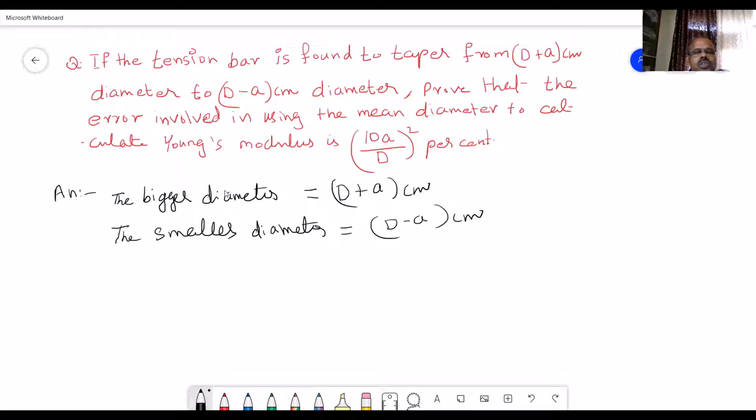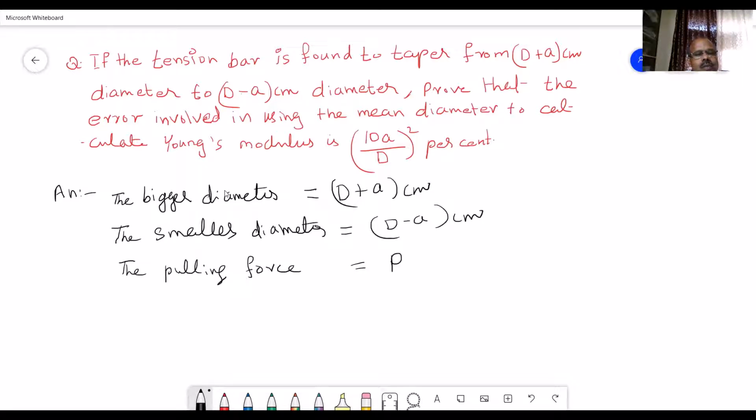Okay. And also let me write the other things that are required for the completion of that question. The pulling force, otherwise load, let us consider it as P, and the length is not given.